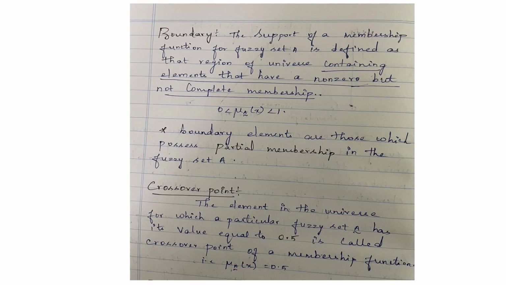If an element has the value 0.5, then that point is called the crossover point. That is, when mu A of x equals 0.5, that element is called the crossover point.